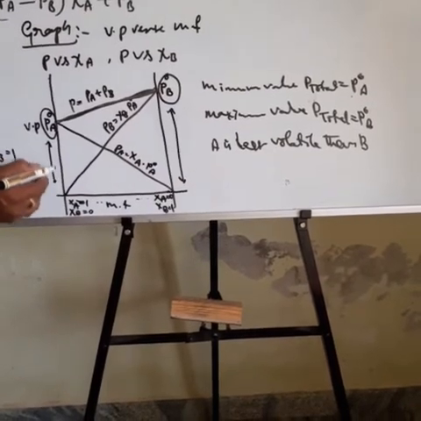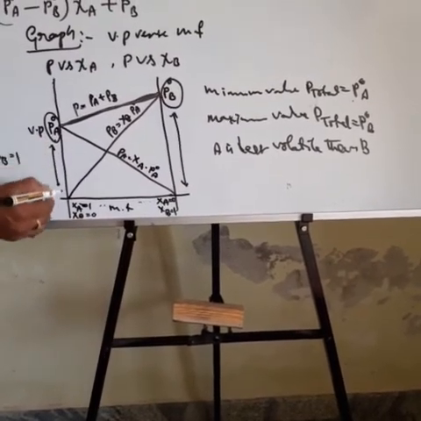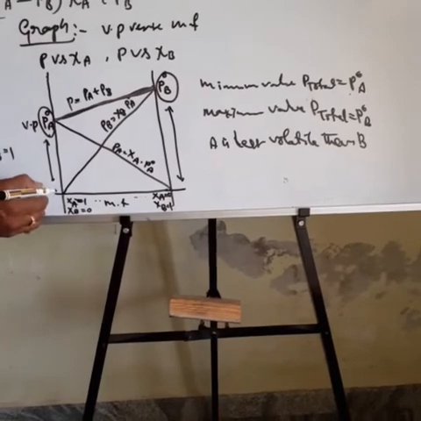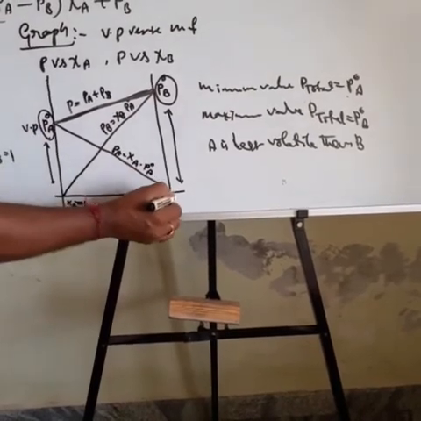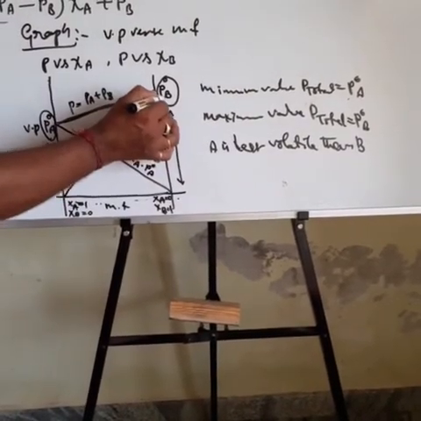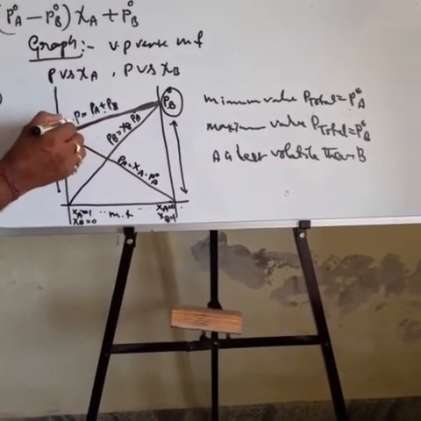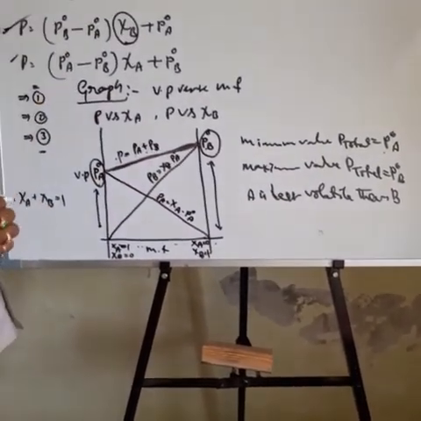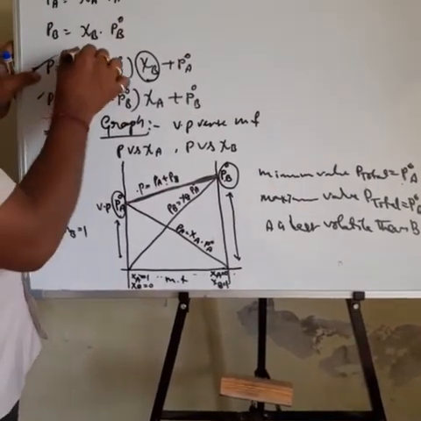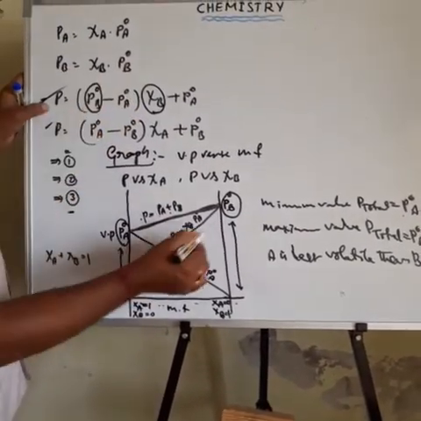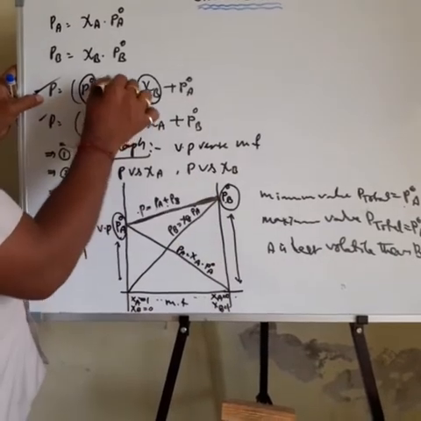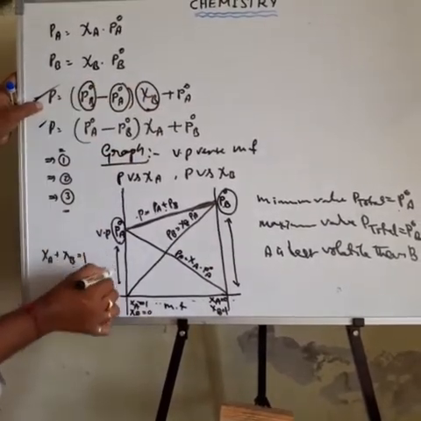From this one side, the distance is less. That means the vapor pressure of A is less. Here the distance is more, so the vapor pressure of B is more. That's why P is equal to PA plus PB. This graph belongs to this equation. In this equation P naught B is more, meaning the vapor pressure of B is more, and P naught A is less, the vapor pressure of A is less.